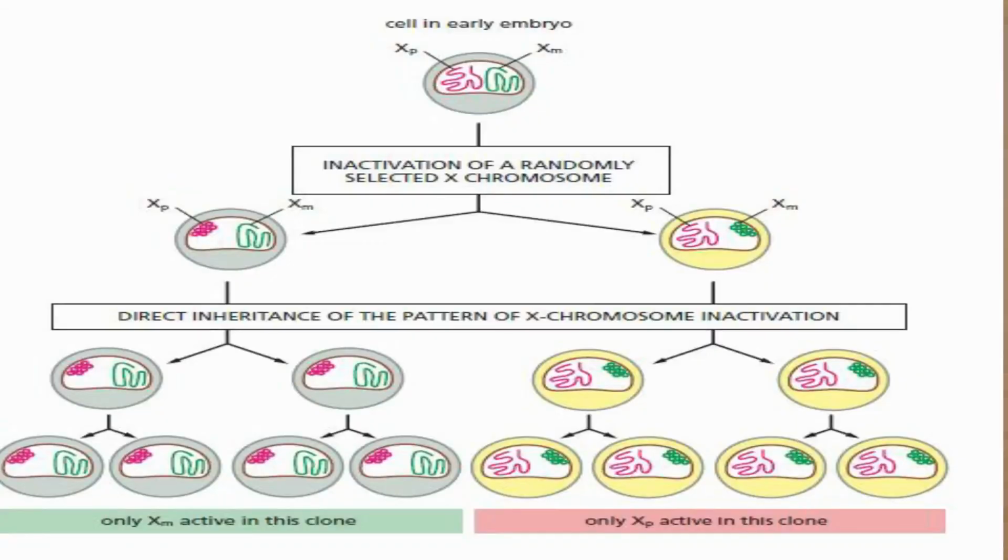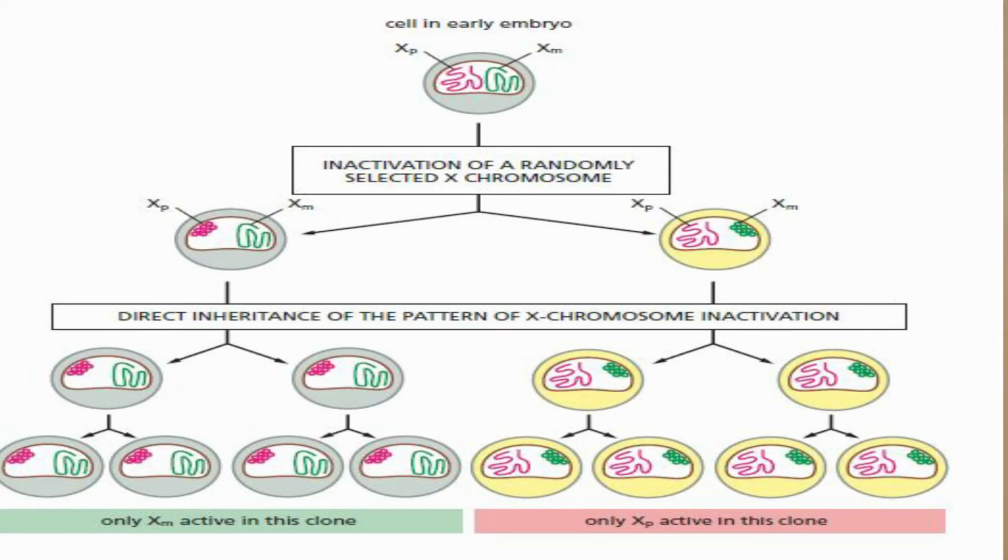So you can see in this picture, each female cell contains an X chromosome from the male and one from the female, paternal and maternal. At an early stage in embryonic development, one of these two X chromosomes becomes condensed into heterochromatin, right?